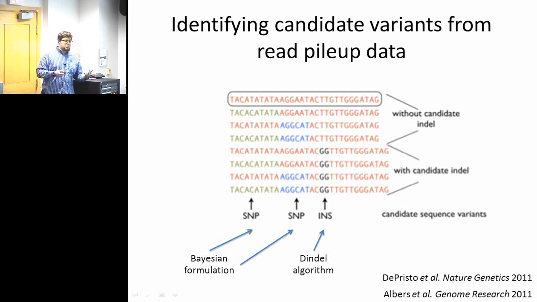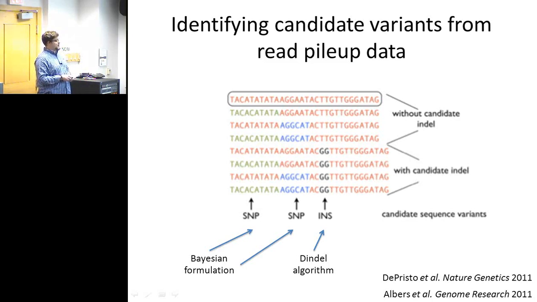That is, the probability of a particular genotype given this alignment data is proportional to the prior probability of that genotype, this alternative genotype, and the likelihood of this read data given that particular genotype. We can talk afterward about the more specifics of that formulation for whoever's interested.